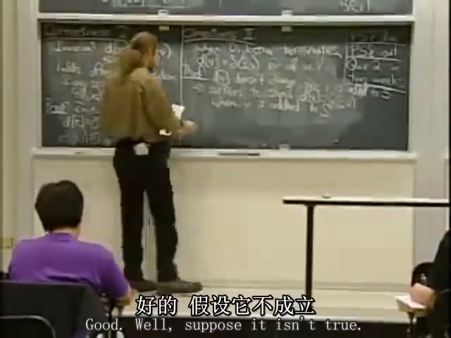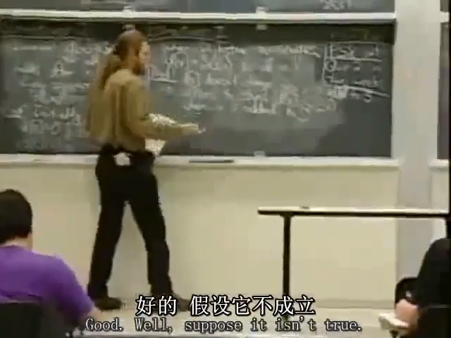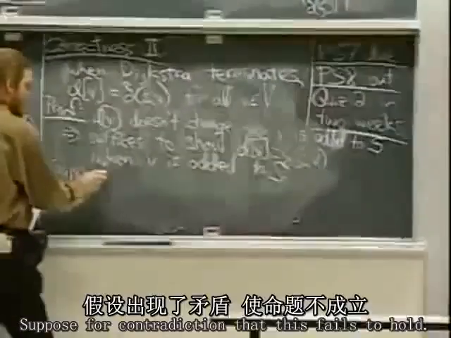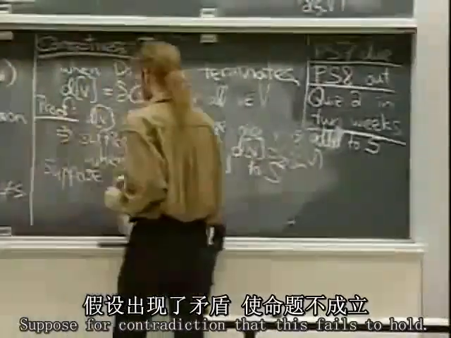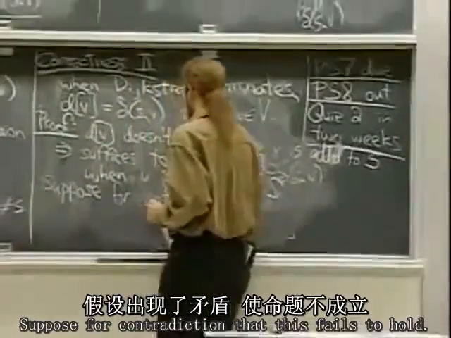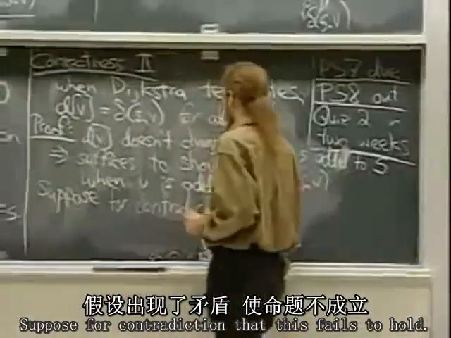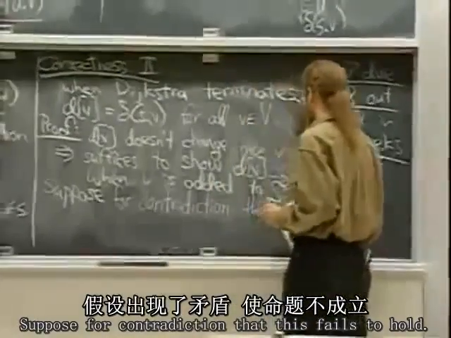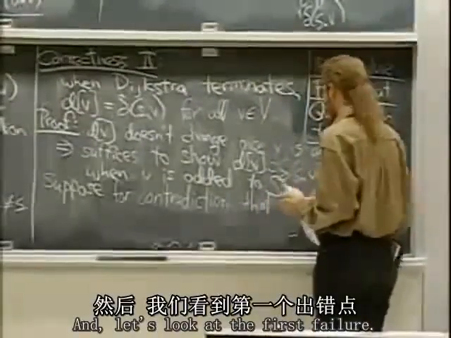Good. Well, suppose it isn't true. So this will be proof by contradiction. Suppose for contradiction that this fails to hold. And let's look at the first failure.